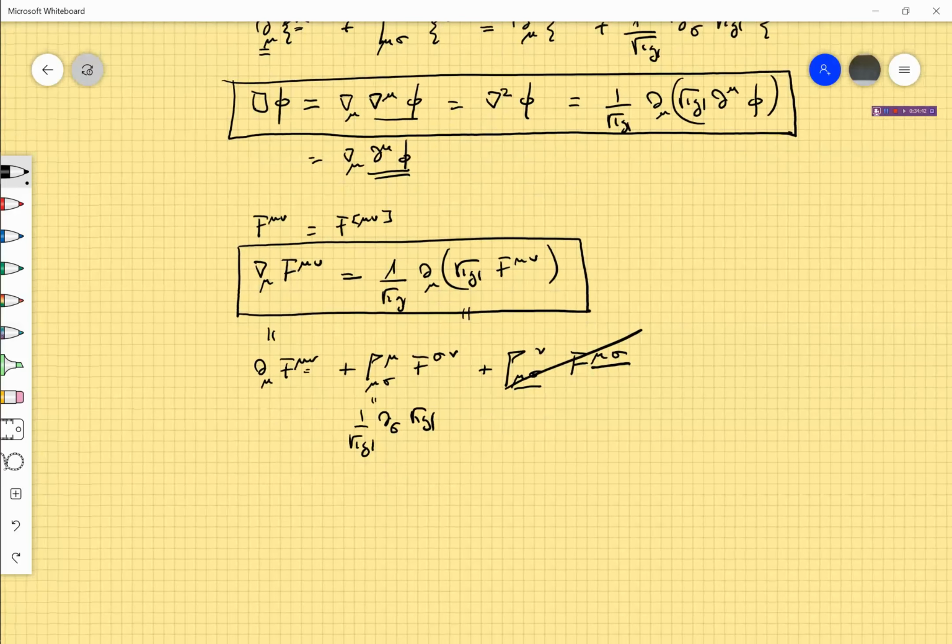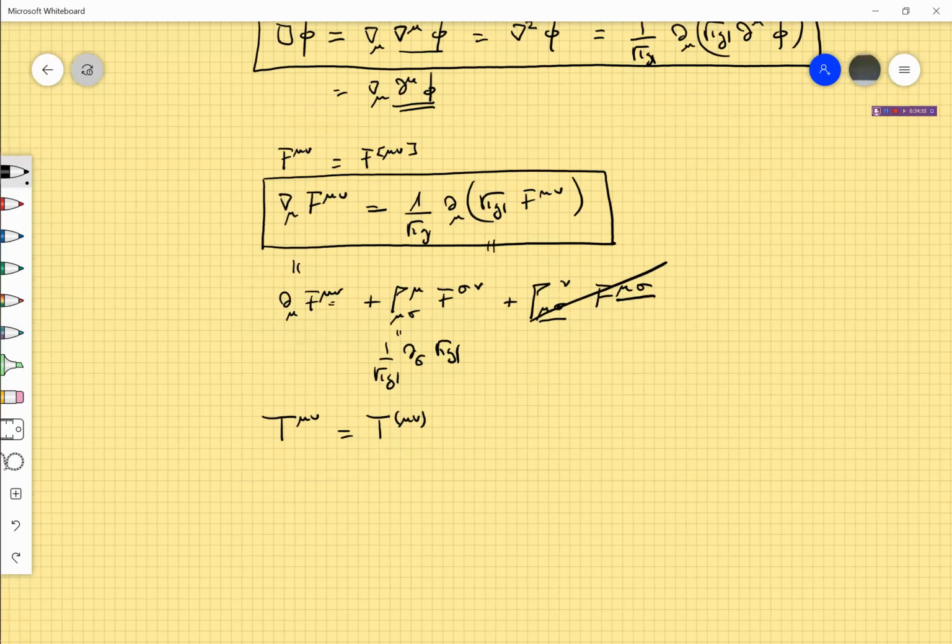And then a warning, or something to observe: if you have a tensor such as the energy momentum tensor, which is symmetric, then if you want to compute the divergence, then this is not proportional to the standard divergence.